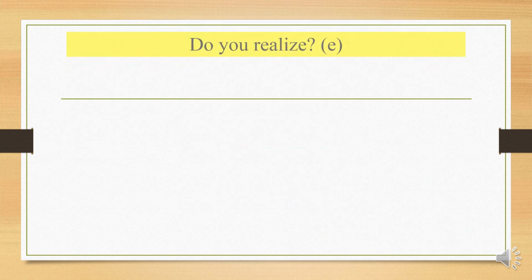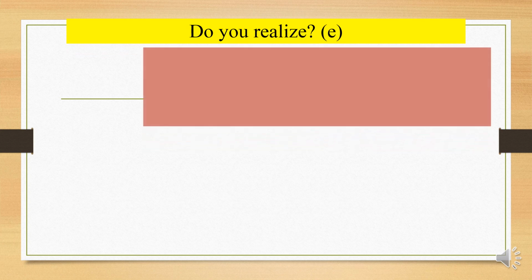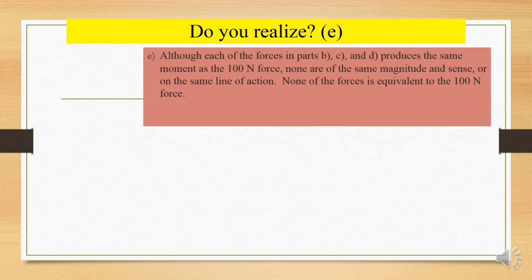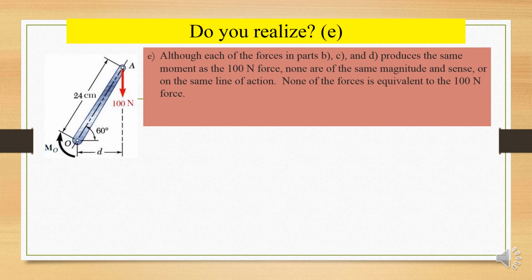Okay, last one, question E. Question E just asks us to identify whether any of the forces at parts B, C, and D has the same force as the original force at question A. From A until question D, all the moment is the same, which is the moment that we want to produce, negative 12 Newton meter.